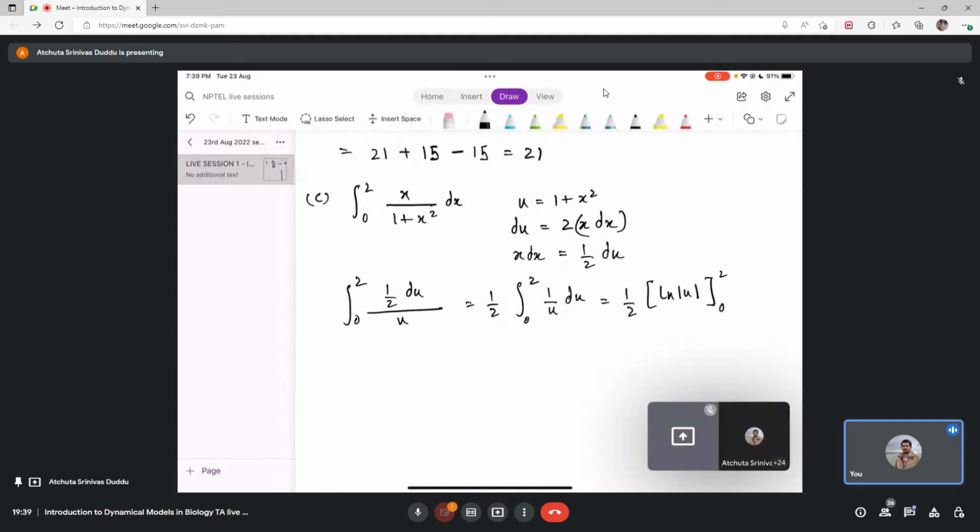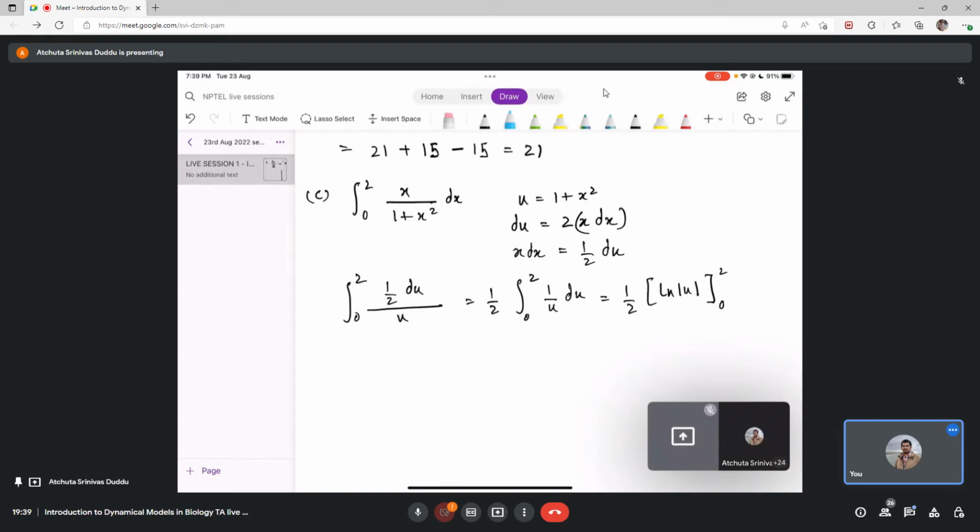Strictly speaking, the limits I have written here are not correct, since the limits also change as the variables change. So I would have to write this as something else. Since we have taken u equal to 1 plus x square, if x equal to 2 implies u would be equal to 5, and x equal to 0 would imply u equal to 1.